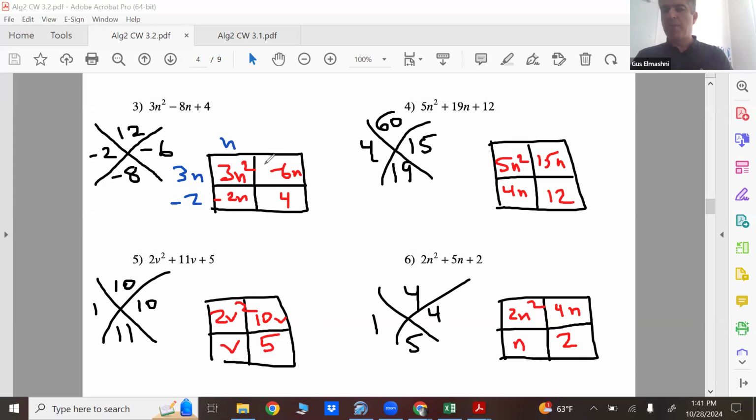Yeah, you just take one extra step and you solve. If you're ready, you can do it.